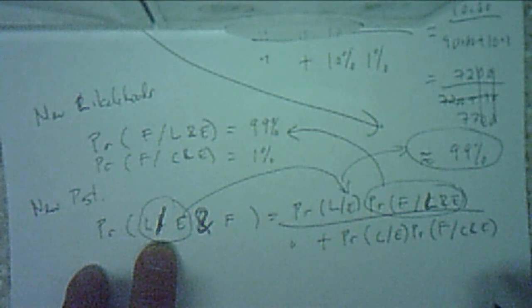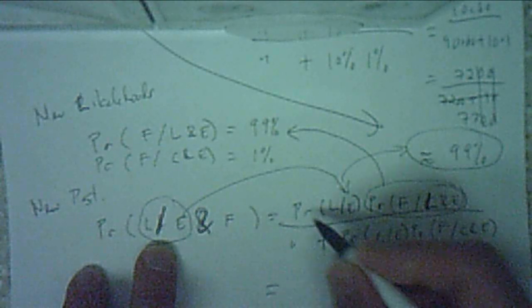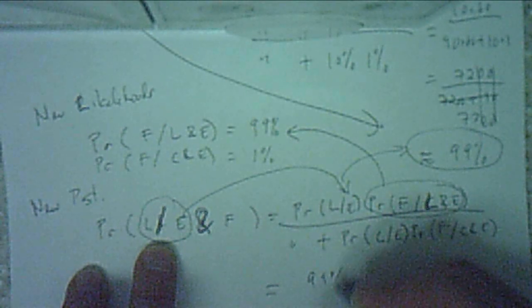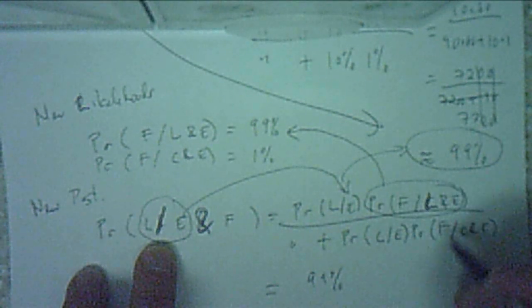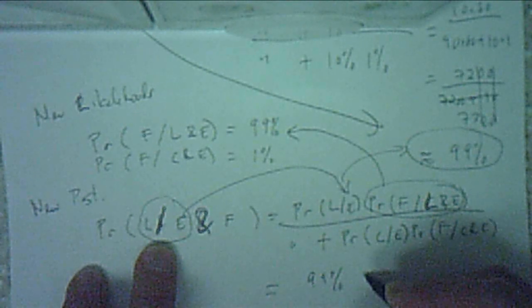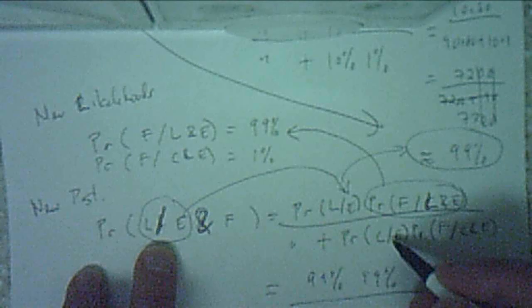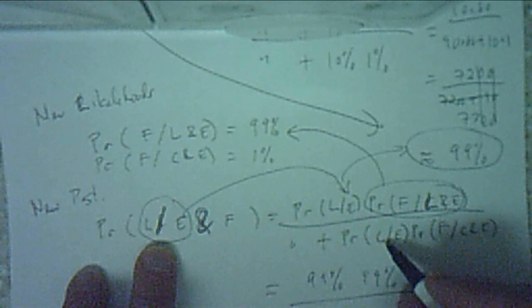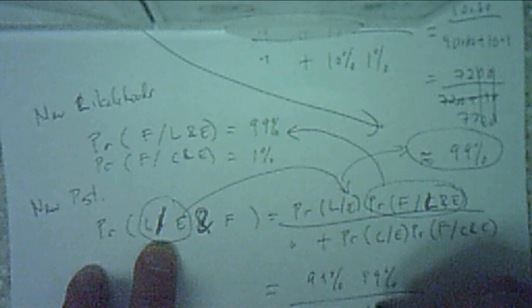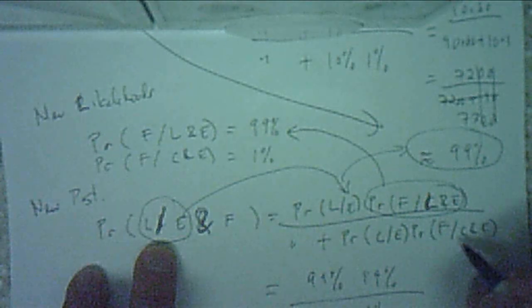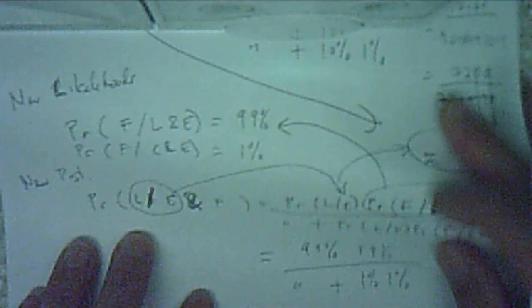That's how it updates. So now you just stick in those numbers. This one will be the 99% times that remaining portion, which is right here, also 99%, divided by the same plus, what's this one? Well, we didn't calculate that, but if you do the complement, that'll be 1%. And this one, F given C and E, will also be 1%. And then you guys can do that calculation on your own.